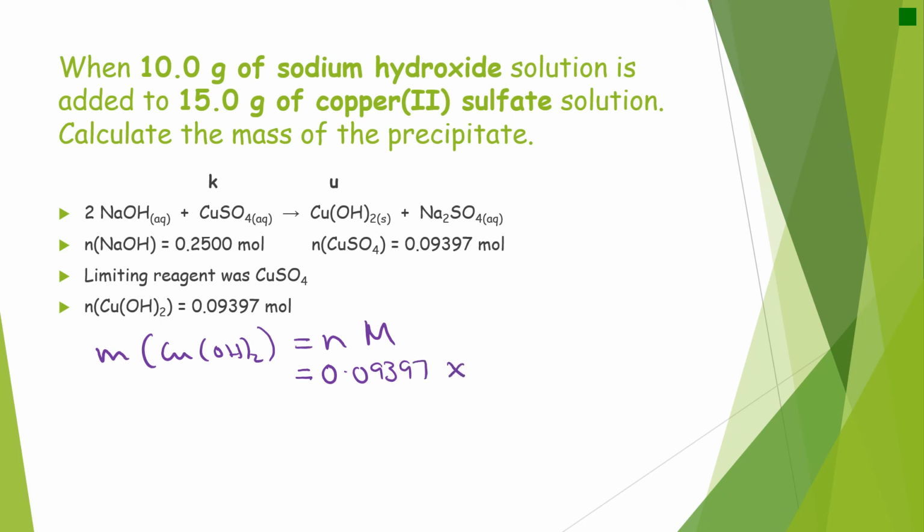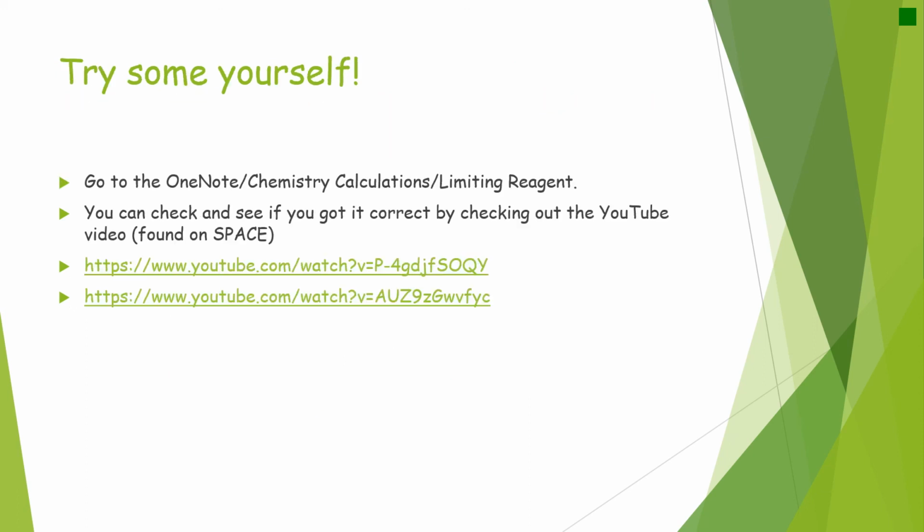We go to our periodic table to find the formula mass of copper hydroxide, which is 97.566. And we get an answer of 9.17 grams. Remember, we've got 3 significant figures there and 3 significant figures there. So my answer must also be to 3 significant figures.